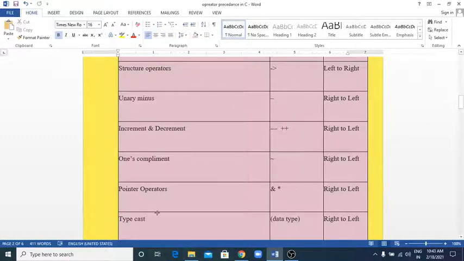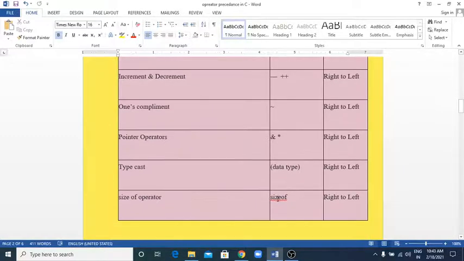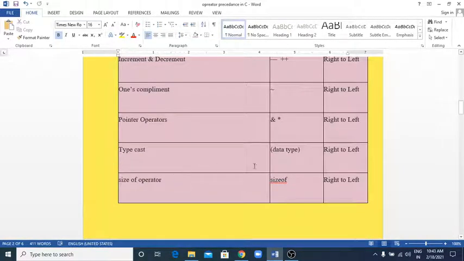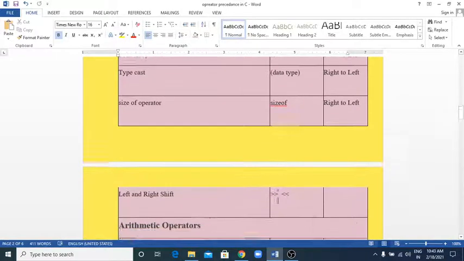Then the pointer operators, ampersand and star, also have associativity right to left. Then typecasting, where the data type is written, also has associativity right to left. Then the sizeof operator, which is used to find out the size of a particular variable, also has associativity right to left.